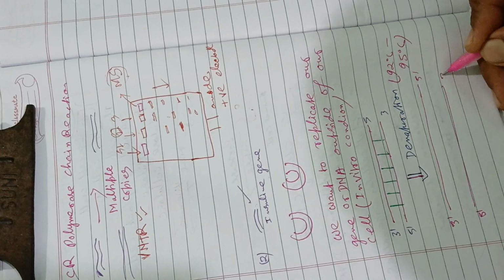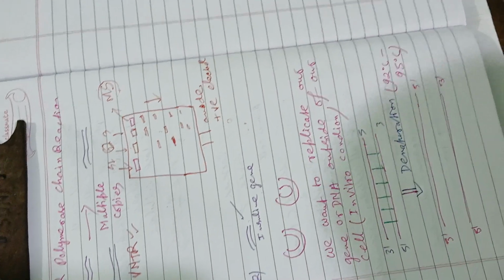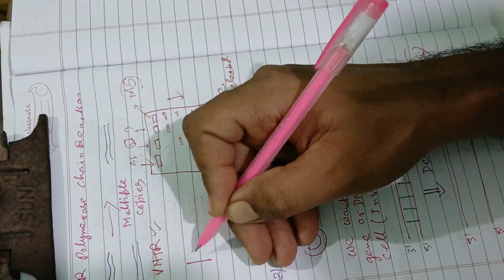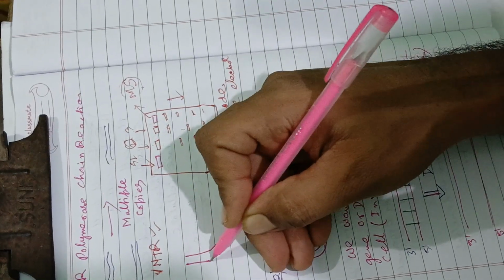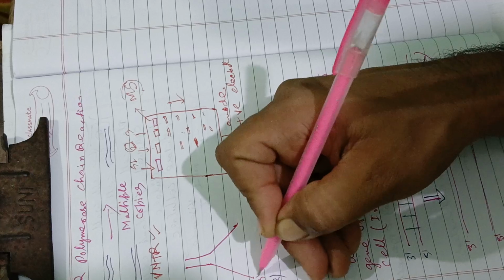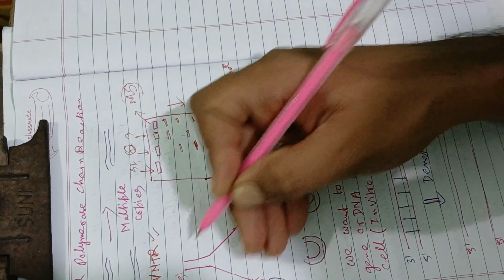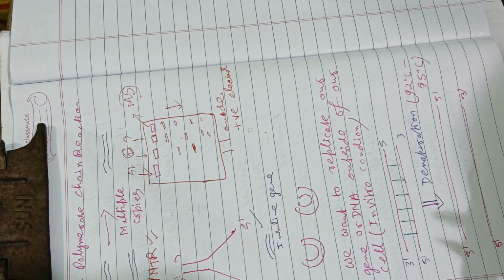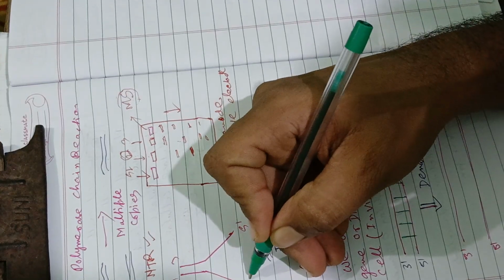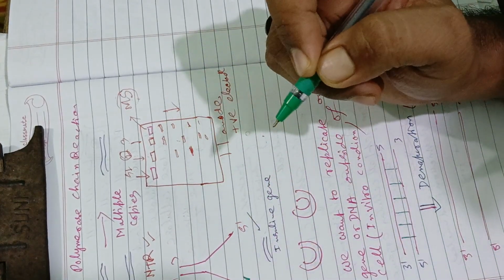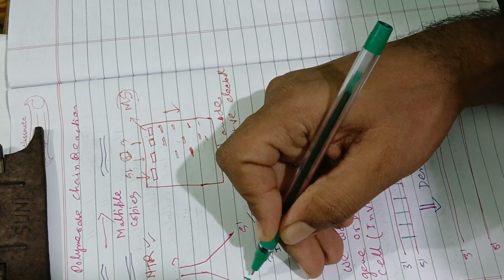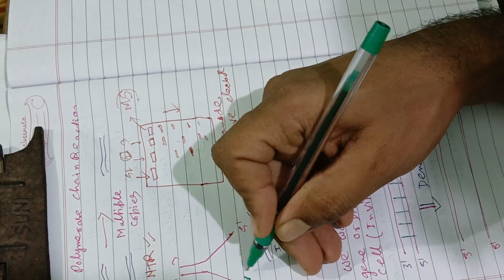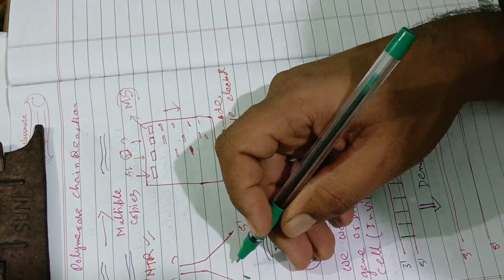5' to 3'. Next, when we read DNA replication, we read that first this is the strand, this is the 3' to 5', this is the 5' to 3', this is the replication form. So at the starting of DNA replication, first the RNA primase enzyme comes and produces short stretches of RNA.